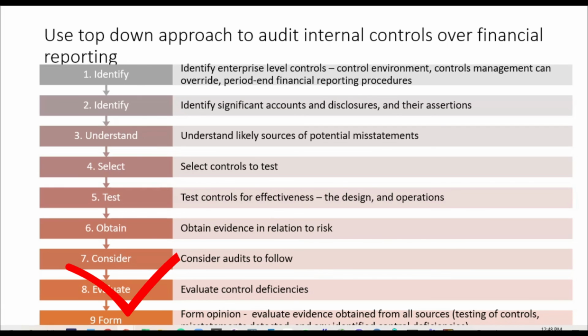Ninth is to form an opinion based on the evidence obtained from all sources, such as identifying enterprise control levels, identifying significant accounts and disclosures, then understanding likely sources of potential misstatements, then the control tests conducted, and the evidence that was collected in relation to the risk encountered in these controls.